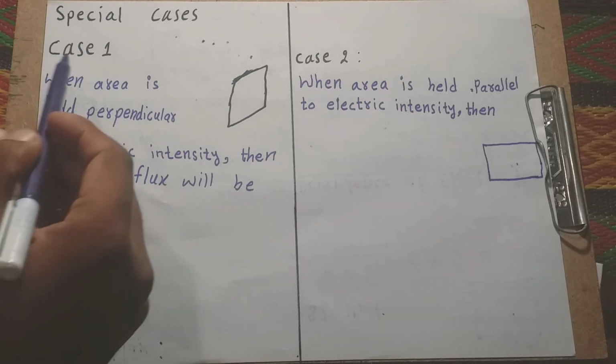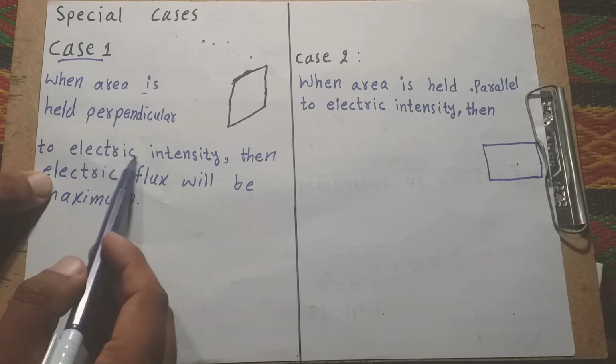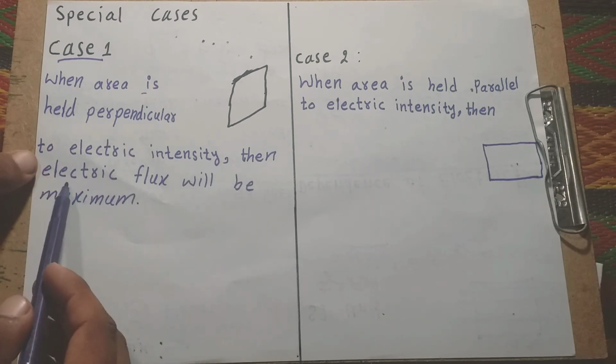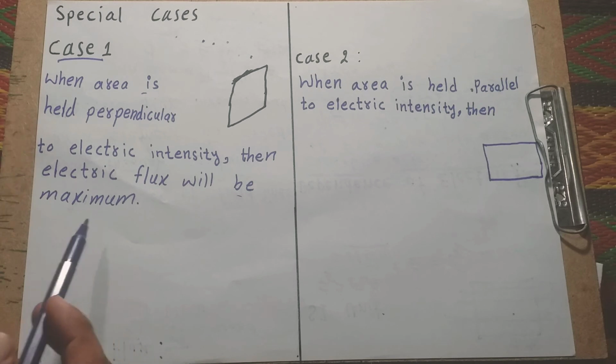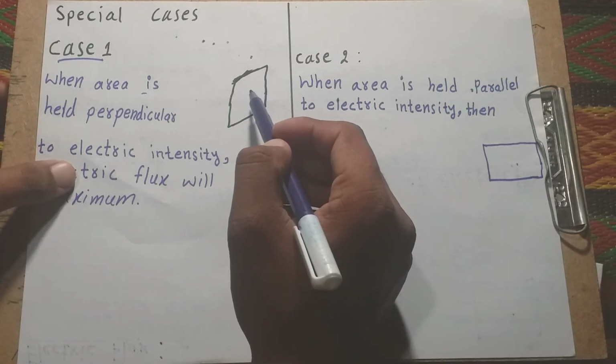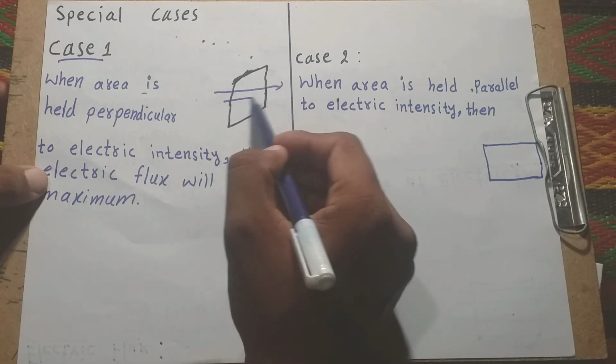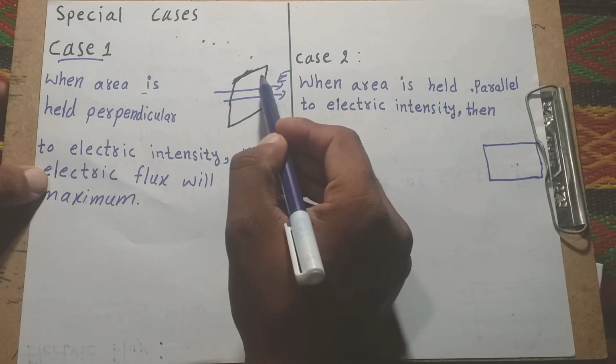Special case number 1: when the area is held perpendicular to the electric intensity, then electric flux will be maximum. How is electric flux maximum? This is the area, perpendicular to the electric lines.